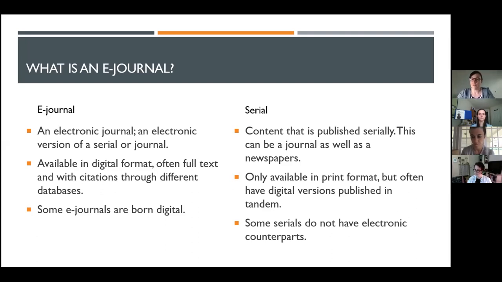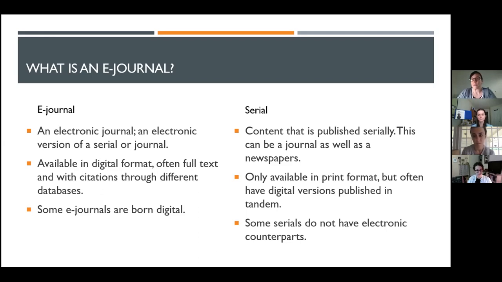A serial is the print version, basically, of an e-journal. It's content that's published serially. Could be a journal as well as newspapers. It's only available in print and often has digital versions published as well when the print version comes out.